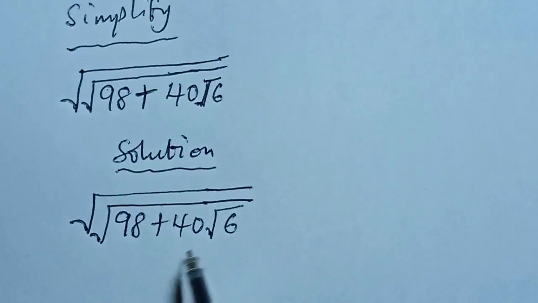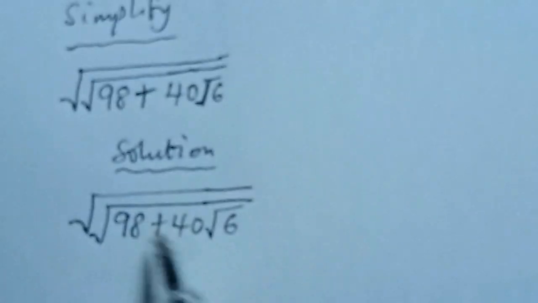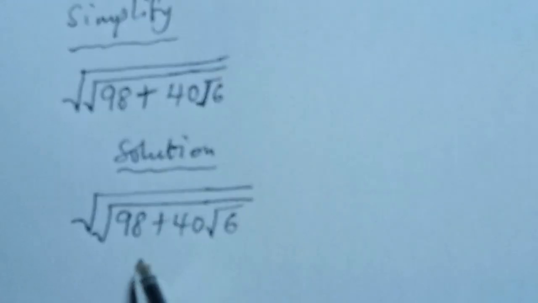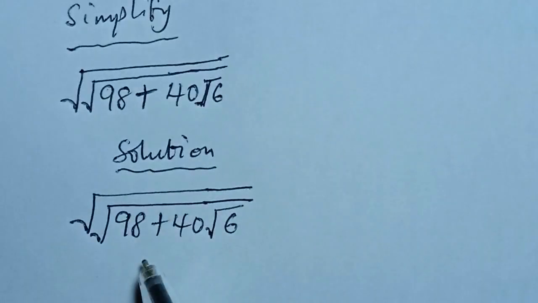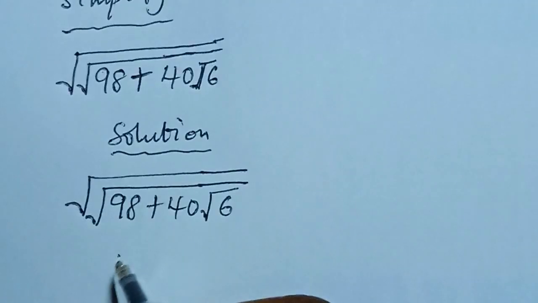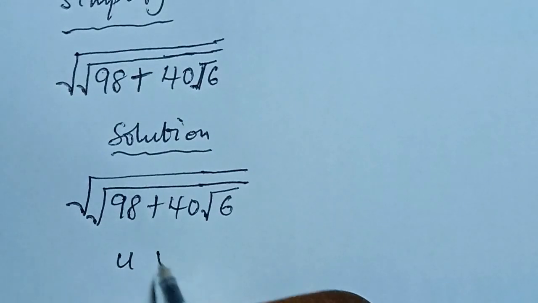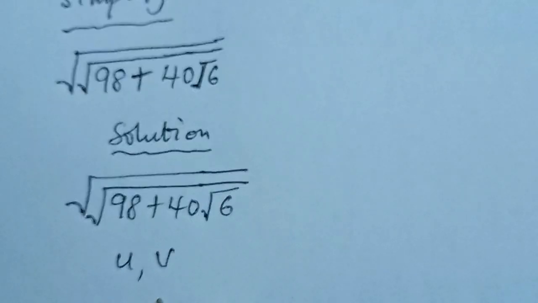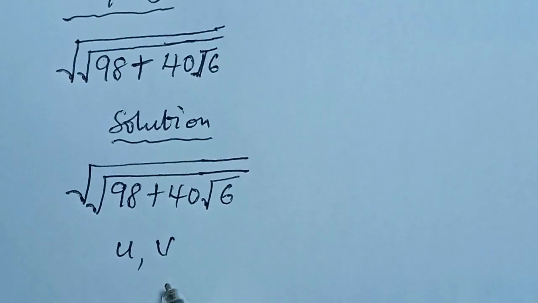To simplify this expression, we express this as a sum of simple square roots. So we equate this internal radical with a sum of simple square roots. And to do that, we assign u and v to be in the radical of that simple square root.